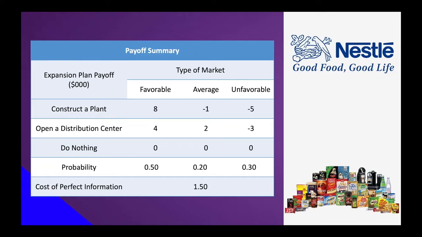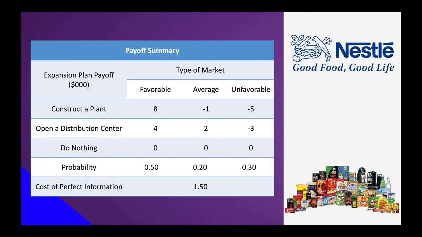Third one is to do nothing. So, for a favorable type of market, 8 for constructing a plant, 4 for opening a distribution center, and for do nothing as their decision, lahat yon, either favorable, average, or unfavorable, 0 ang pwede nilang maging payoff. While if the market goes average, it will have a negative $1,000 if they choose to construct a plant.